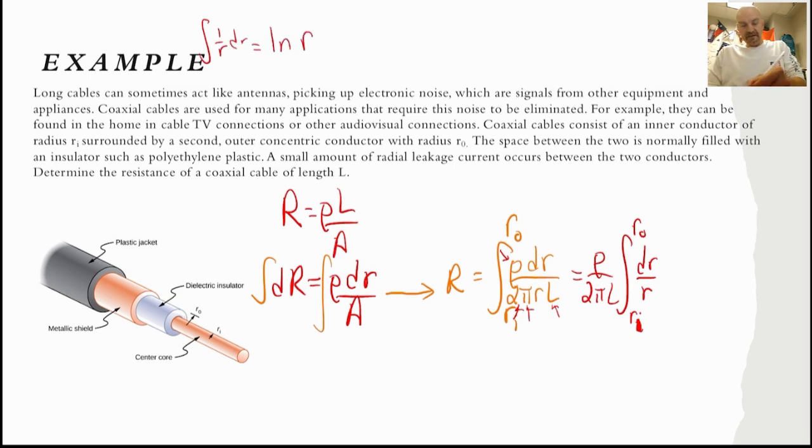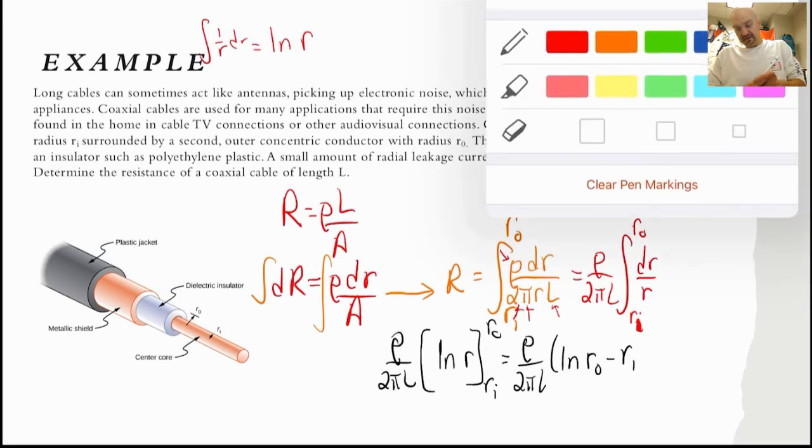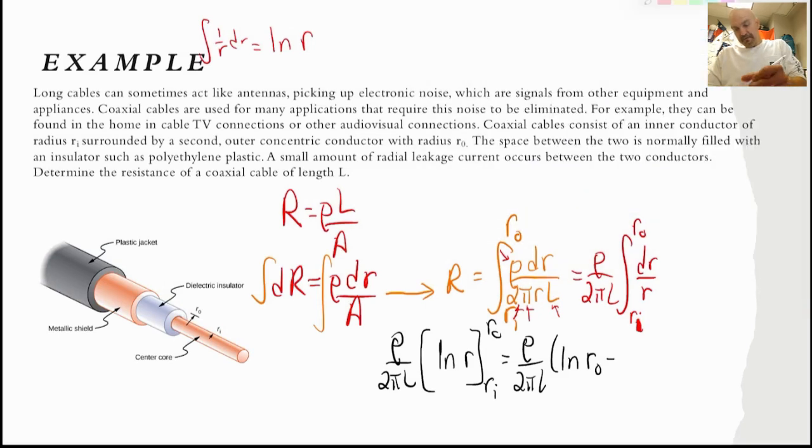So we have rho over 2 pi L, and this is going to be the natural log of r evaluated from Ri to R0. Again, we do upper minus lower, so the natural log of R0 minus the natural log of Ri.